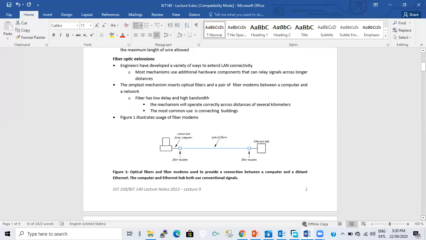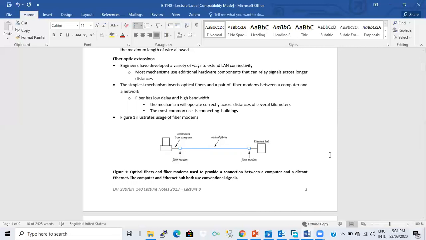But with fiber, you find that fiber can actually do a connection from Kitwe to Ndola. I'm sure you've seen in your day-to-day life, there are those people that dig trying to push fiber. Sometimes they use poles to move fiber from one place to another. So just like even in our setup, it won't be appropriate for us to use UTP to connect buildings. So we end up using fiber to connect these buildings.